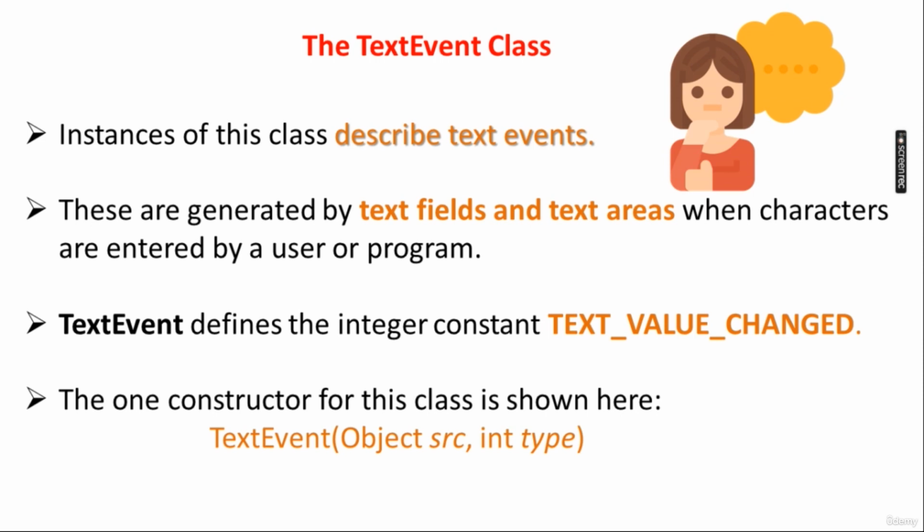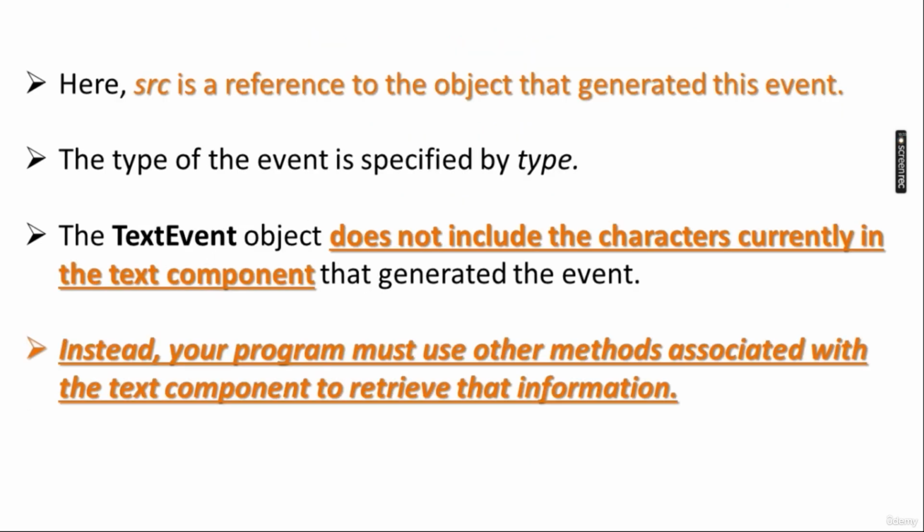Anything regarding the text being entered or deleted will generate the text value changed constant, updating the value. One constructor is TextEvent(Object source, int type). Source is a reference to the object that generated this event. The type of the event is specified by type. The TextEvent object does not include the characters currently in the text component that generated the event.